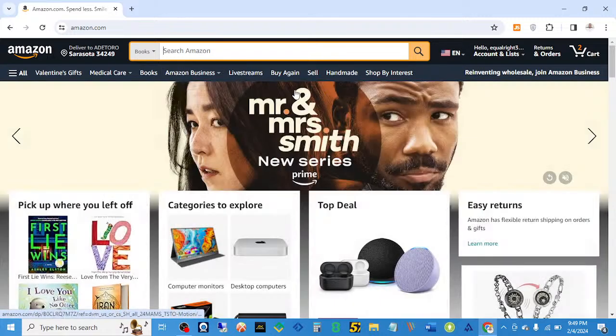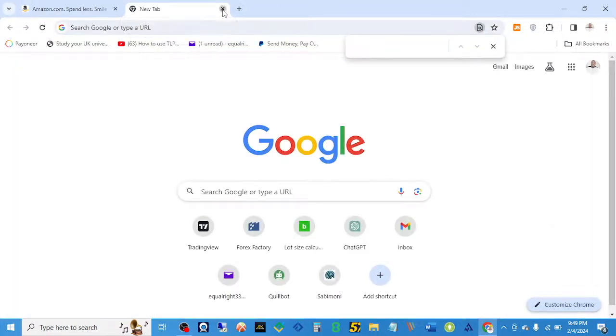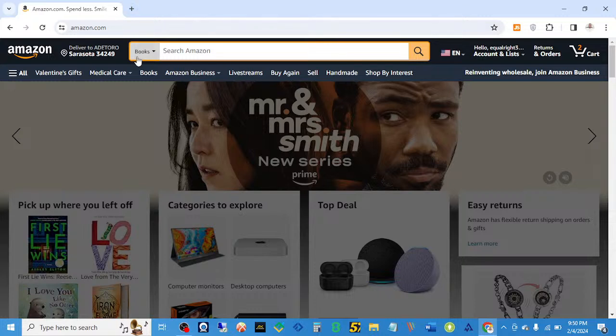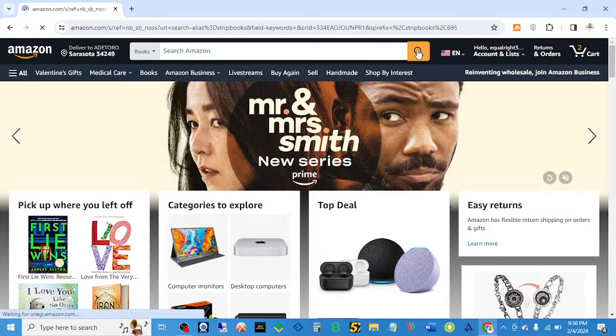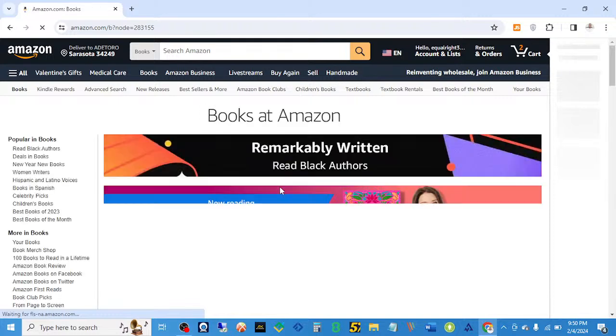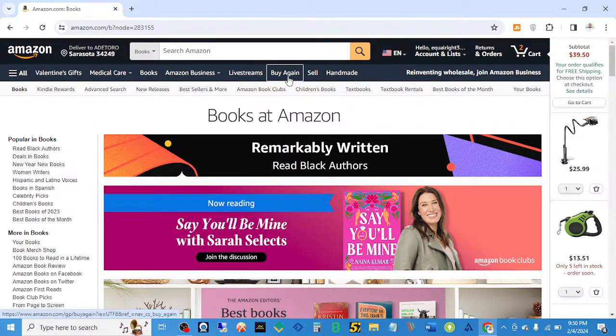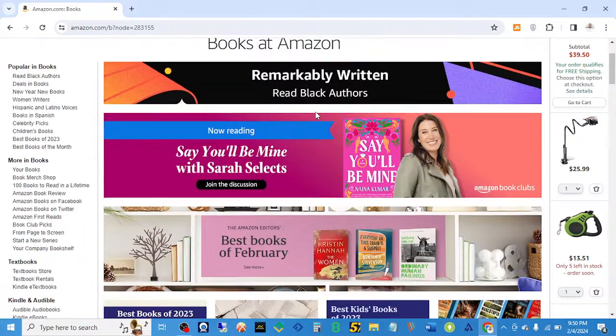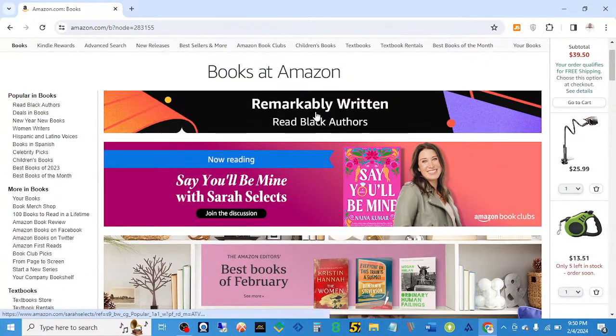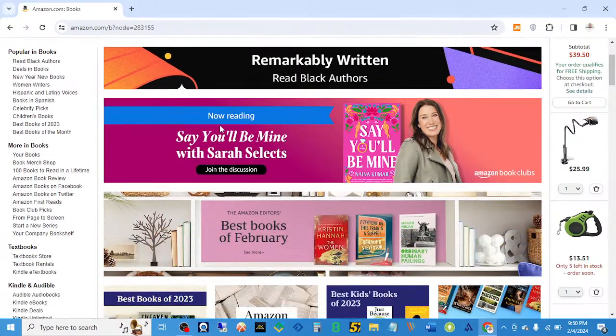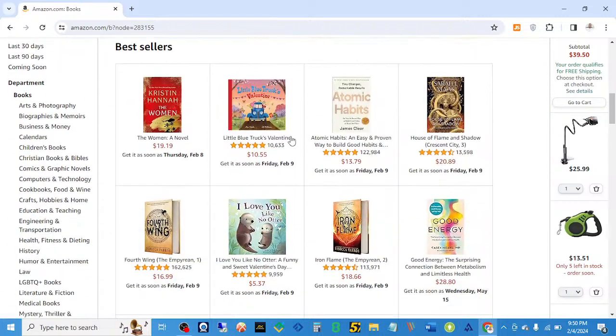So on getting to Amazon, don't type anything here like I said, then click on this button. By clicking here, it will show various books that people have published on Amazon.